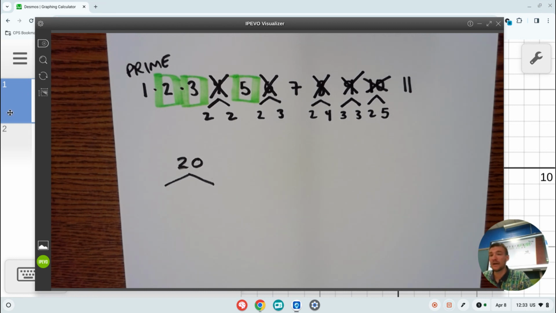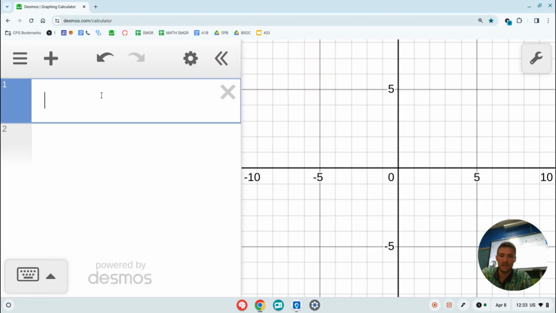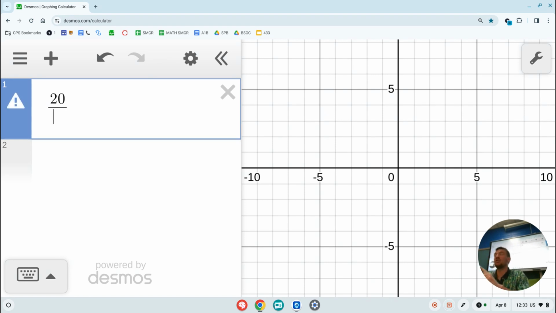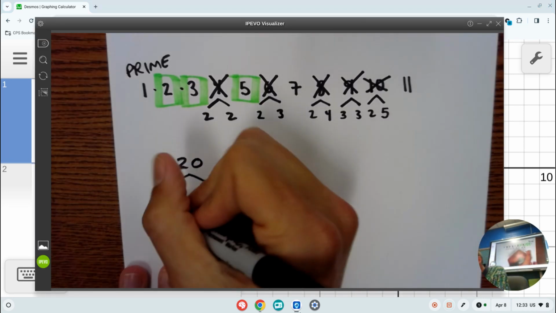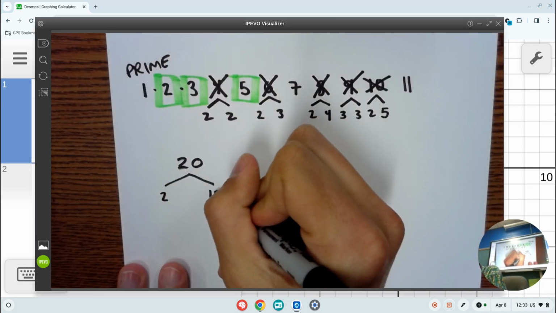But the easiest way to do it is to go to Desmos and start with 20 and then hit divide and then just try 2 or 3 or 5. I like to always start with my 2 and work my way to my 5. So 20 divided by 2. Does that work? Yes. 20 is obviously 2 times 10.